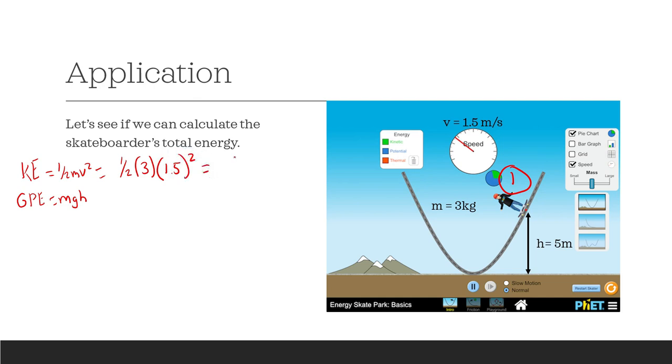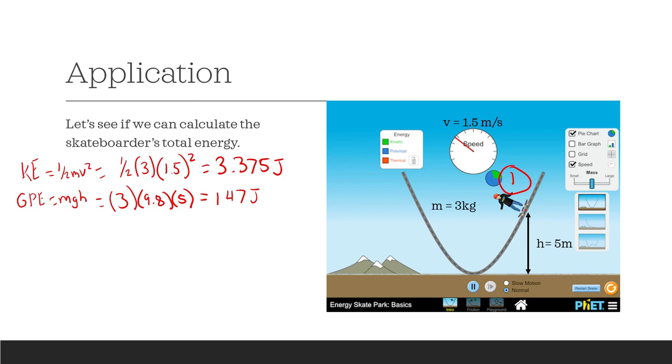In this case, we have 1/2 times our mass, which is 3 kilograms, times our velocity squared, 1.5 squared. And that is going to give us 3.375 joules. Our gravitational energy, we've got m, which is 3, times 9.8, times our height, which is 5, equals 147 joules.